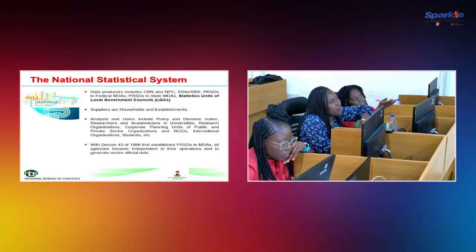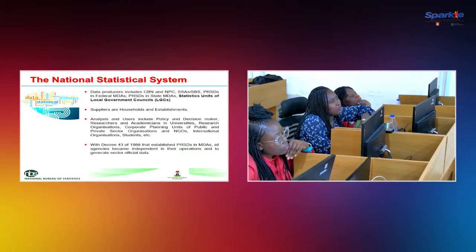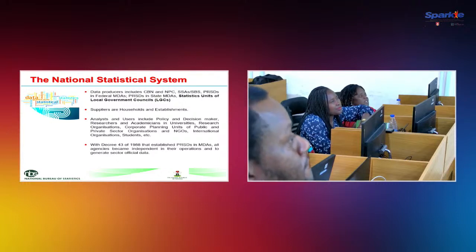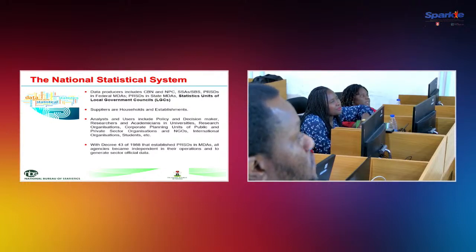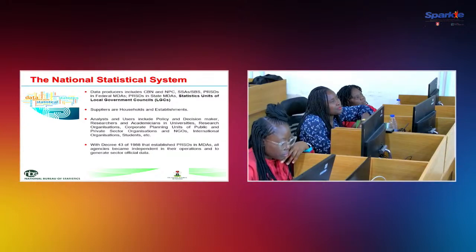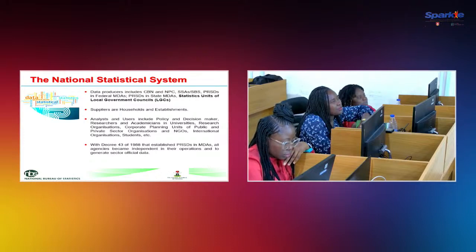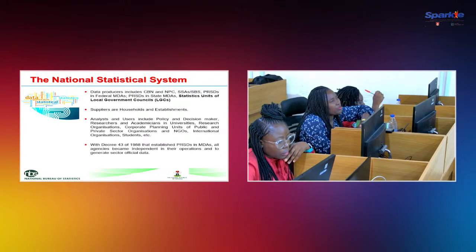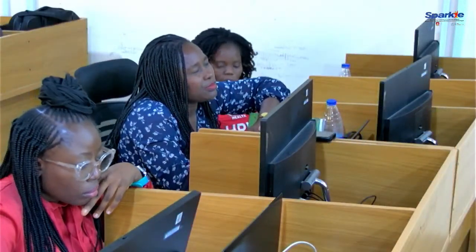The CBN, Central Bank of Nigeria, National Population Commission, and State Bureau of Statistics, Planning, Research and Statistics Departments in Federal Ministries, Departments and Agencies, Planning, Research and Statistics Departments in State Ministries, Departments and Agencies, and Statistics Units of Local Government Councils. All of them make up that National Statistical System. They are all part and parcel of the system.